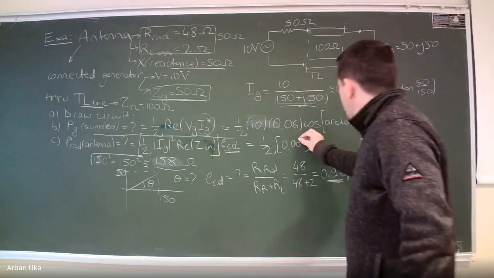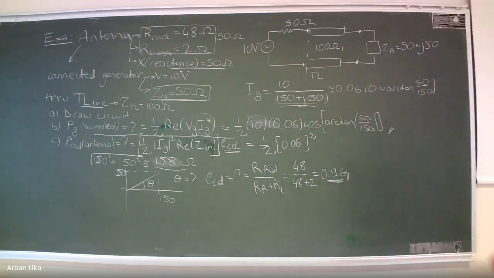So here we get the 0.06 square, the real part of the input Zin.